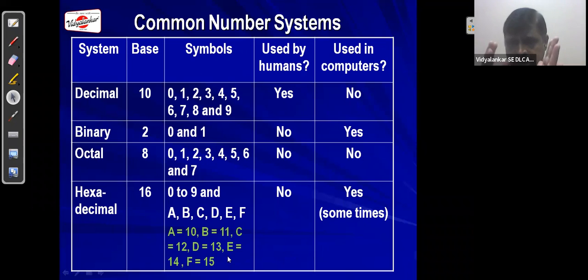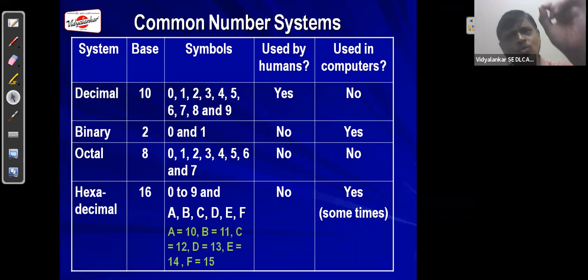So you have 0 to 9 and A to F alphabets. A represents 10, F represents 15. 0 to 15, total 16. Base is 16.